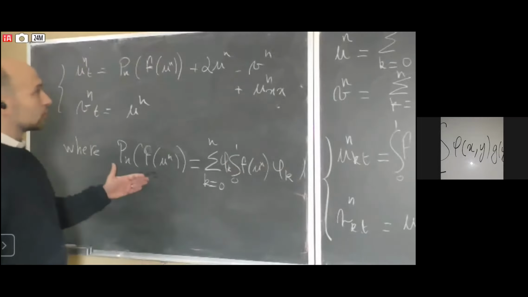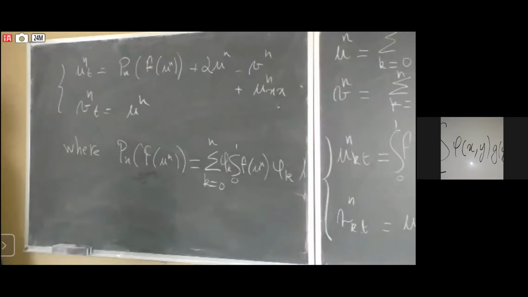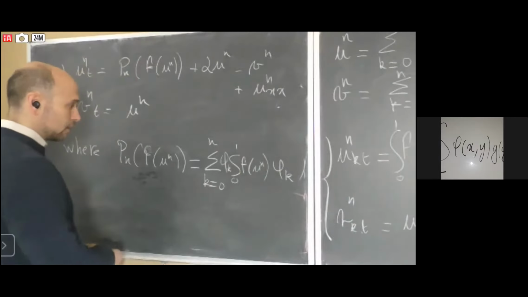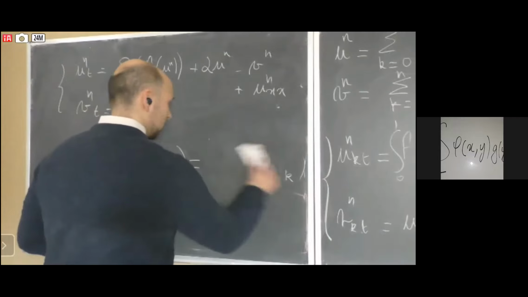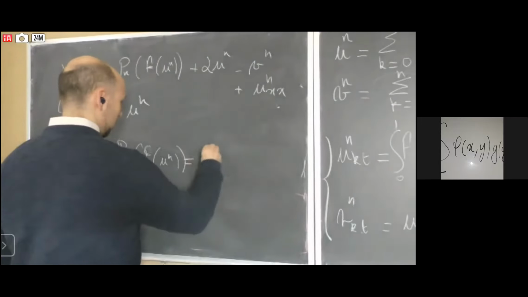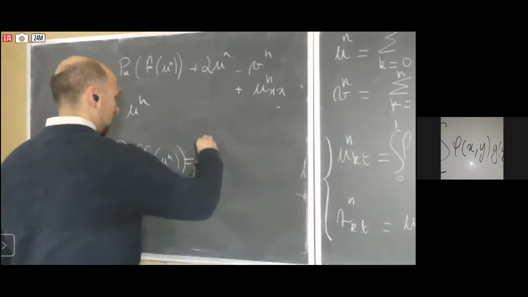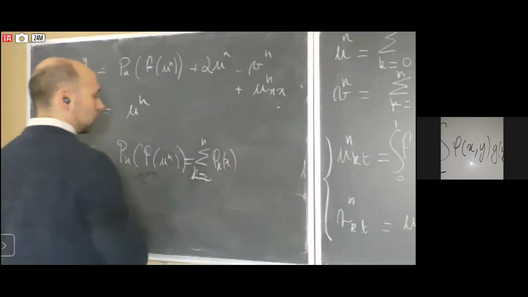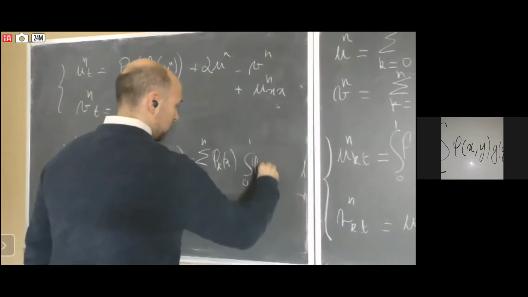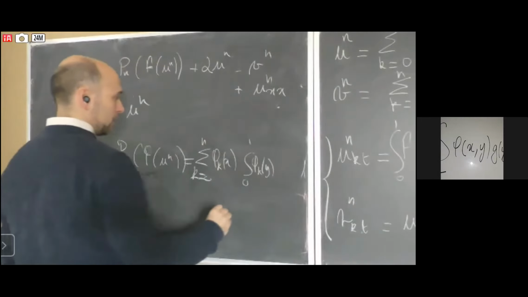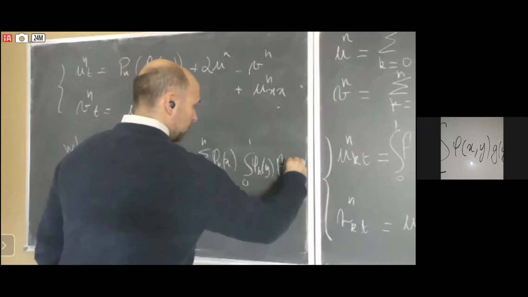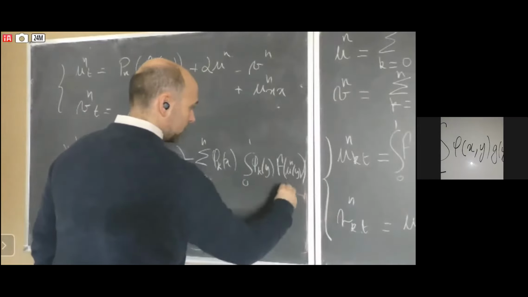So this is a function which depends on x. To make it maybe clearer, I will write here the dependence on x. So phi k depends on x, and here, of course you have dy.